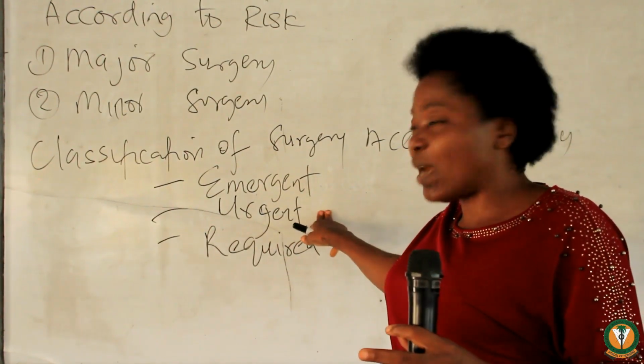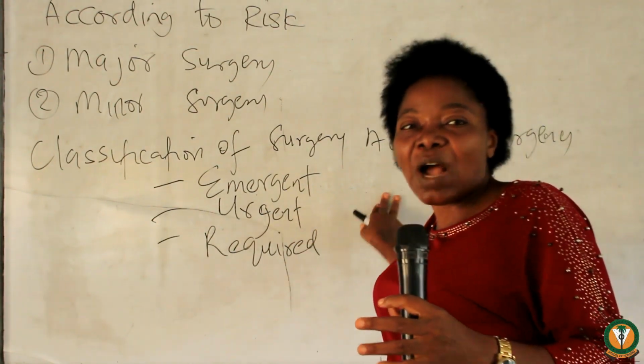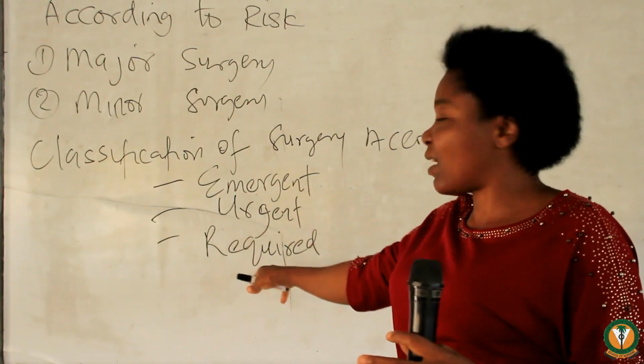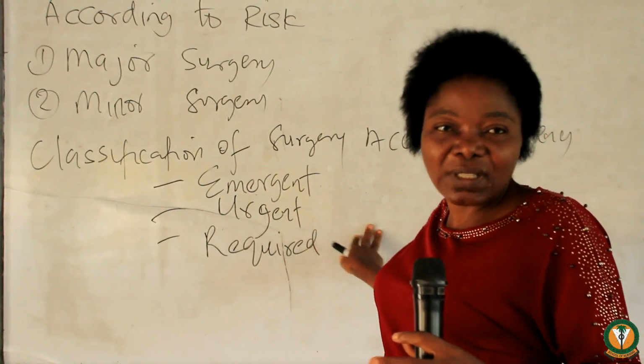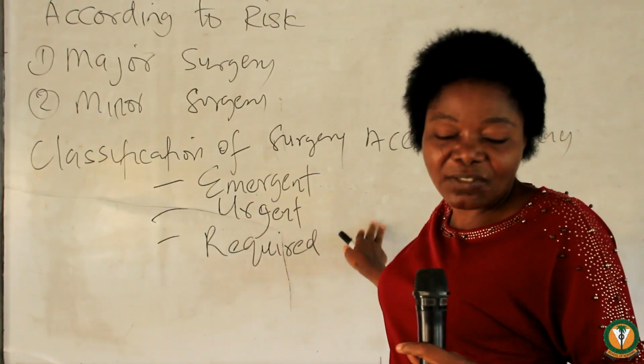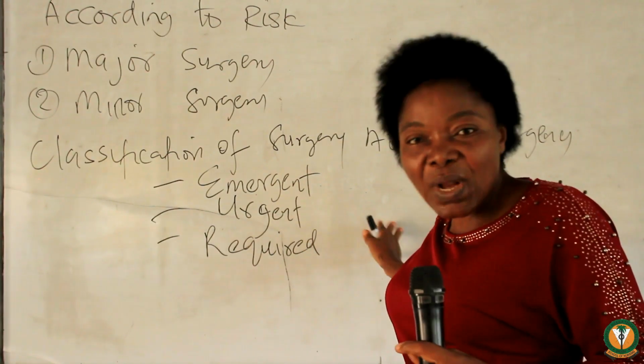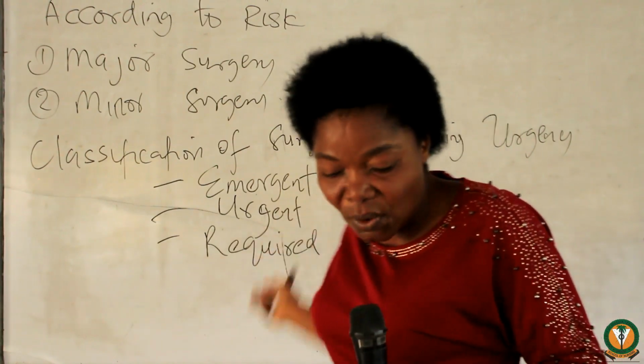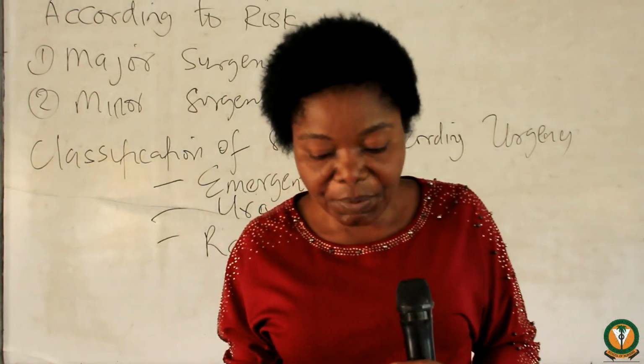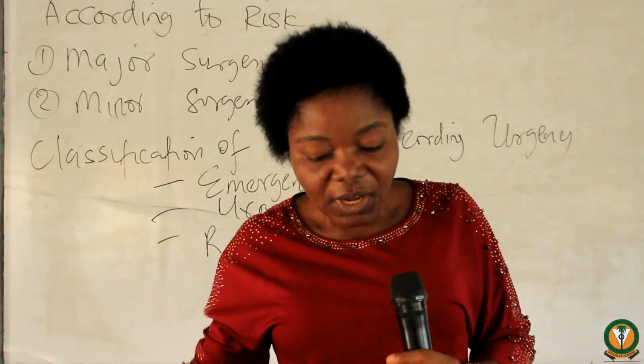In urgent surgery, the patient needs it within 24 to 30 hours. But a required surgery is not life-threatening, it's not an emergency. The surgery can be done in a week or in a few weeks. The patient will be prepared. Or even a month.